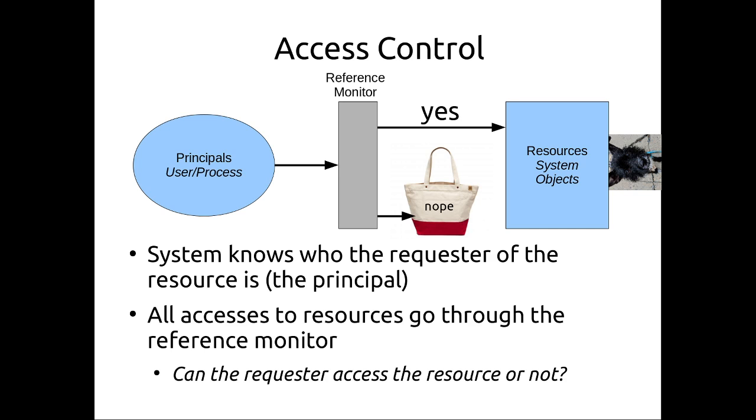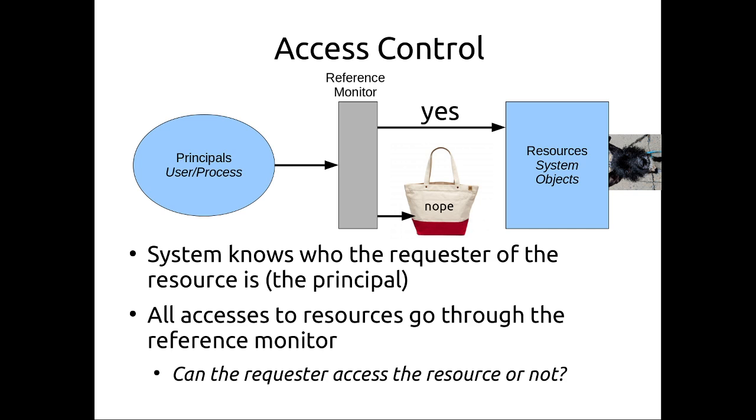So it is the thing that decides yes or no whether a request from a principal for a certain resource can proceed. So all resource accesses through the system must go through the reference monitor, or else it's not able to actually define the security of the system, right?